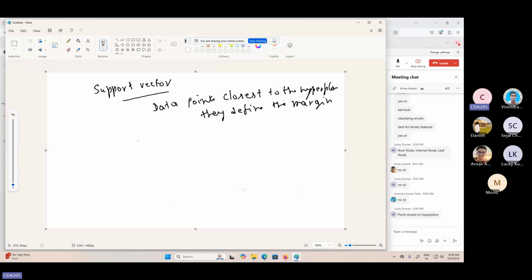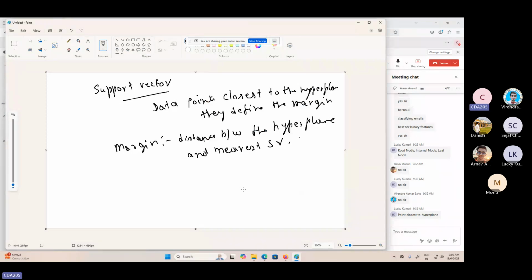What is margin? It is the distance between the hyperplane and the nearest support vector. So SVM maximizes this.